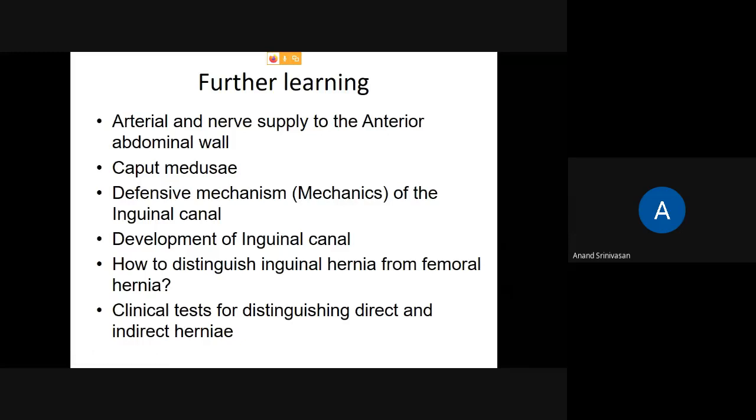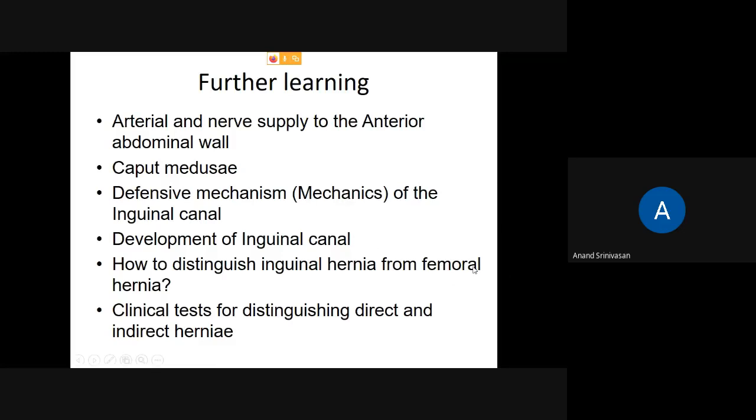Second point is the superficial inguinal ring. An inguinal hernia comes out from the superficial inguinal ring, which is situated above and medial to the pubic tubercle. Then it is an inguinal hernia.